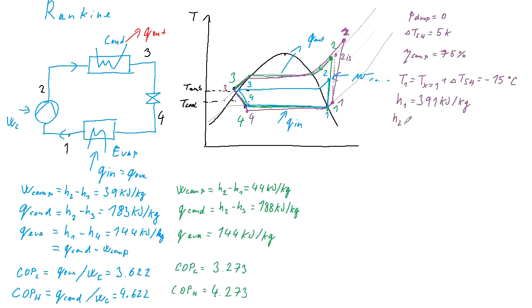So H2 isentropic is 435 kilojoules per kilogram.